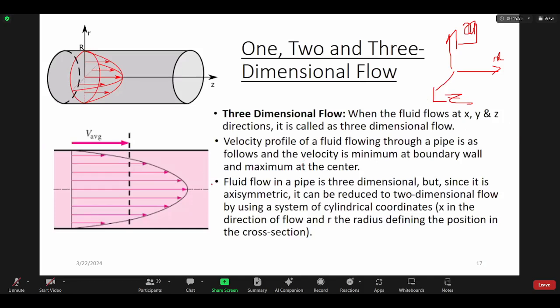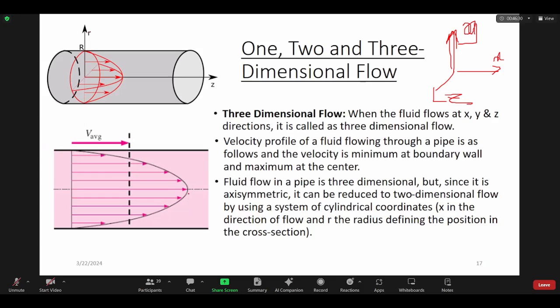It means pressure and velocity can change according to these directions, x, y, z, any direction. The velocity profile of a fluid flowing through a pipe is as follows: the velocity is minimum at the boundary wall and maximum at the center. We will discuss this in the last slide.